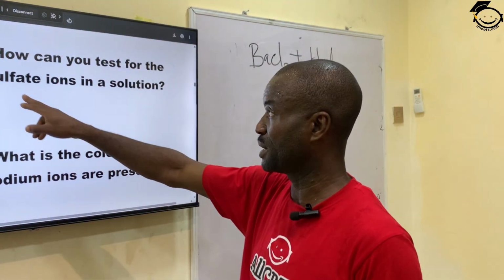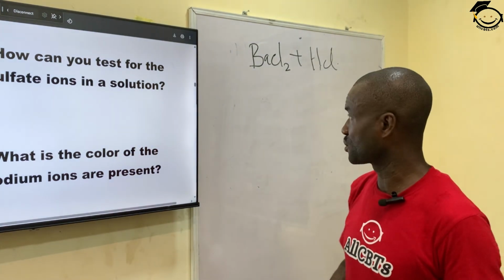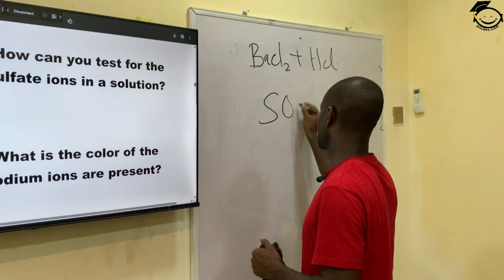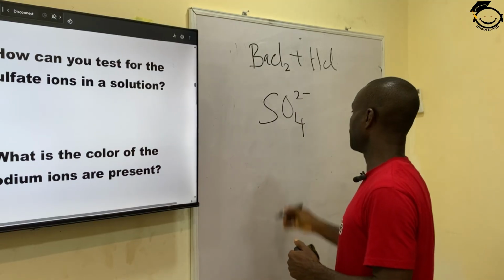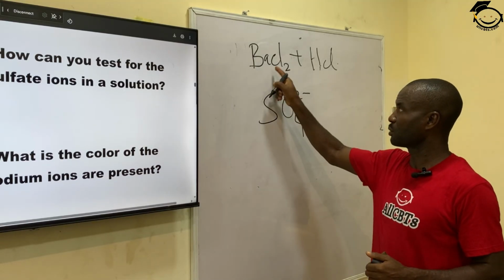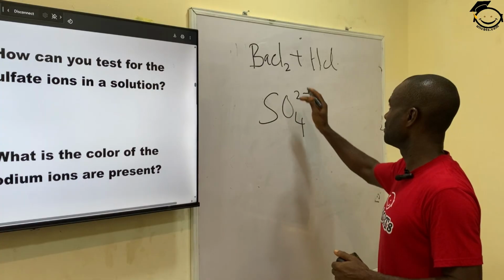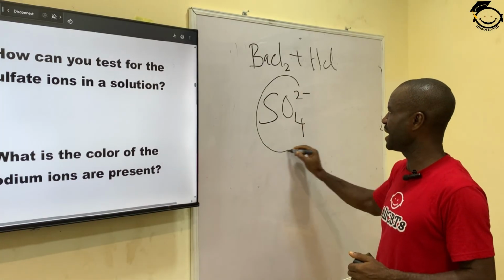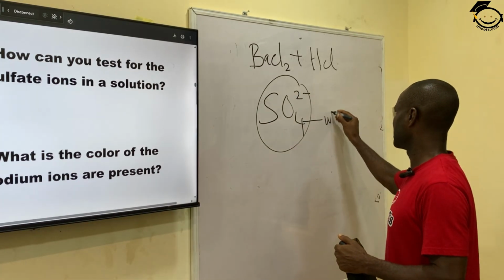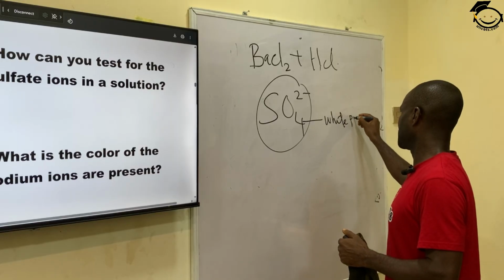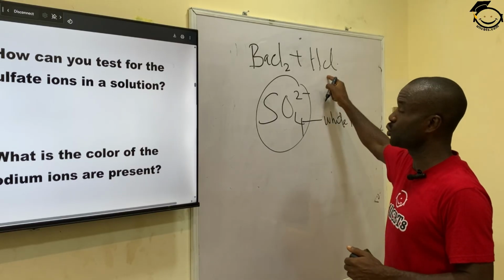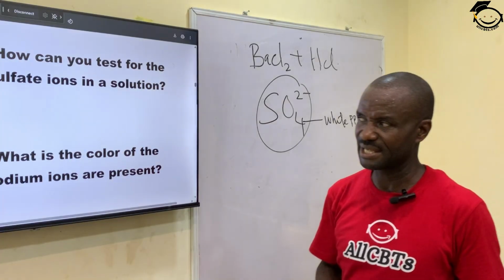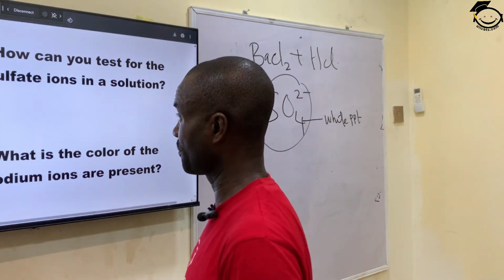That confirms the presence of what? Sulfate, the sulfate ion. So barium chloride is the reagent used for identifying this. That's a confirmatory test for sulfate.